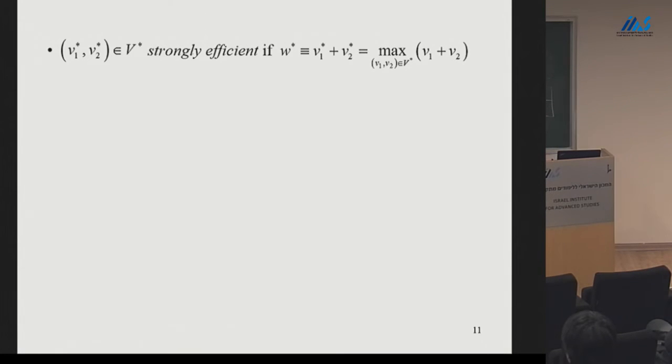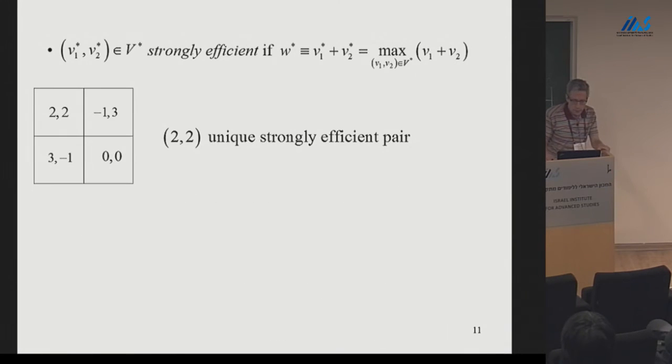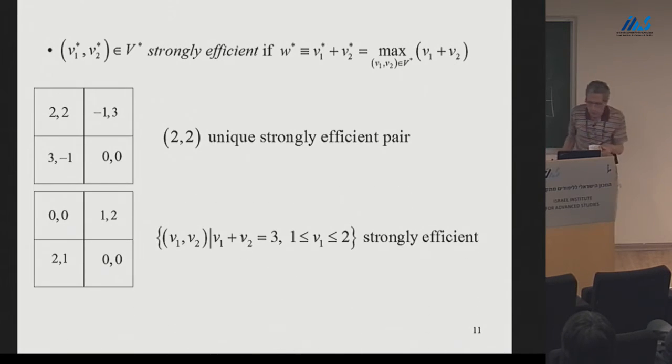Which also implies that it's on the diagonal, so V1 star must be equal to V2 star, because the set is symmetric.